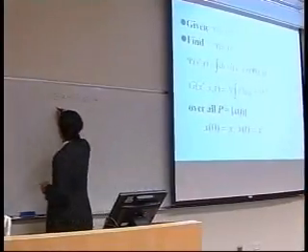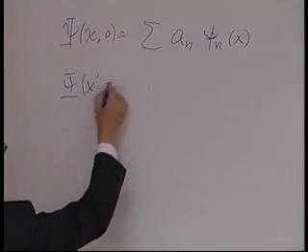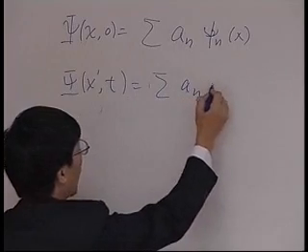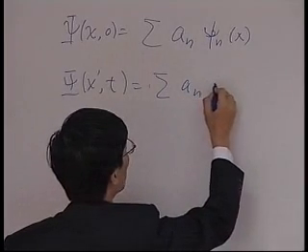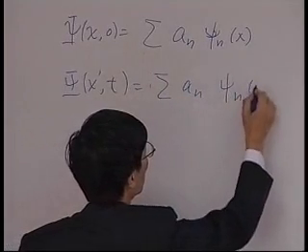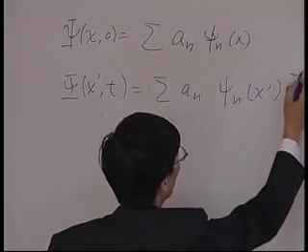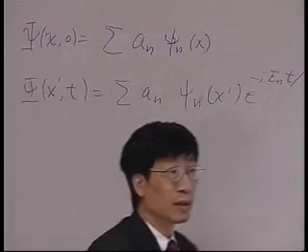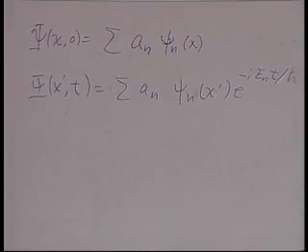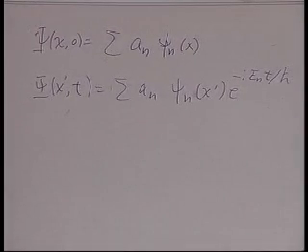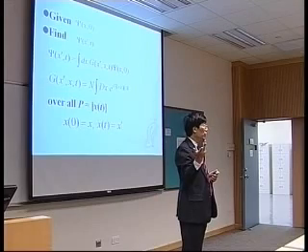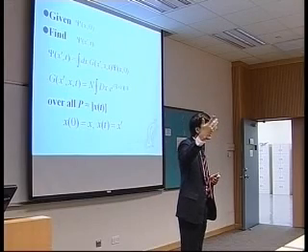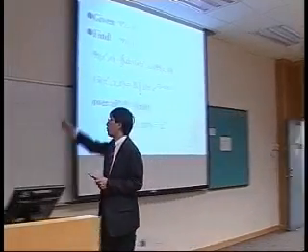What happens to the later wave function? Well, all that happens is it accumulates a phase. If I can decompose the initial wave function in terms of eigenfunctions, then the later wave function just accumulates a phase for each term. But I also know what a_n is.